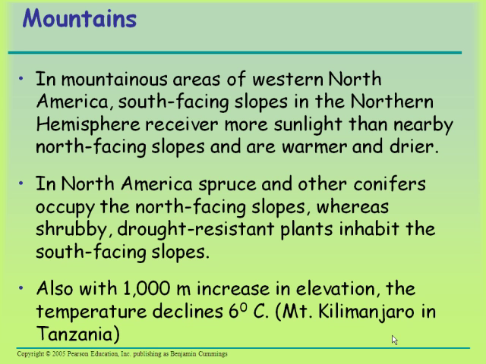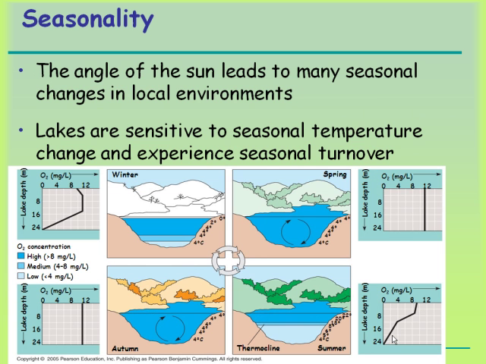Also, with a 1,000-meter increase in elevation, the temperature declines 6 degrees centigrade. Therefore, at the equator in Tanzania, on the eastern part of Africa, Mount Kilimanjaro is covered with snow, being a very high mountain.